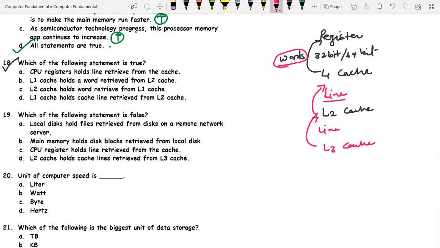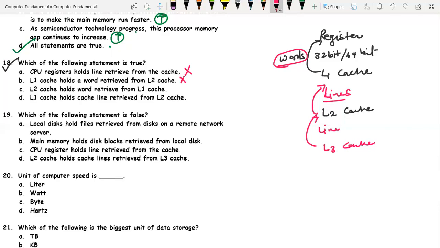So here, CPU register holds lines retrieved from the cache? No, CPU register holds words retrieved from the cache. So this statement is false. L1 cache holds a word retrieved from the L2 cache? No, L1 cache holds lines retrieved from the L2 cache. So this statement is false.